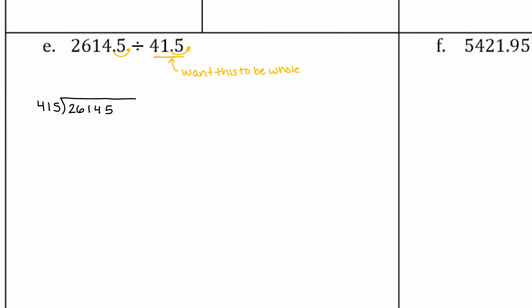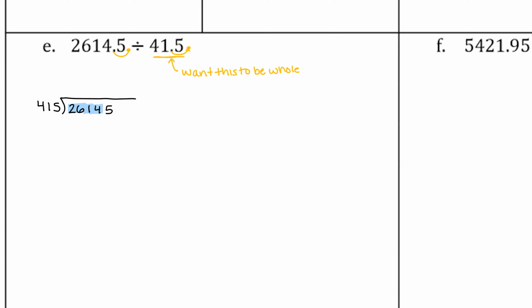We're going to do the math. Before I ask that question, I can't make 415 go into 2. I can't make it go into 26. I can't make it go into 261, but I can make it go into 2,614.